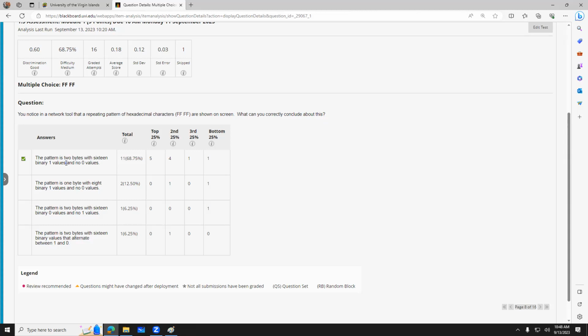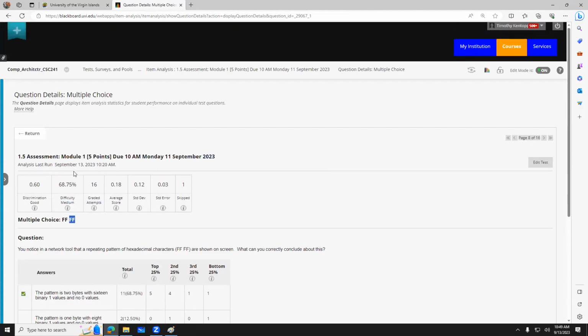The pattern is 2 bytes with 16 binary 1 values and no 0 values. The reason it's 2 bytes is because it takes 2 nibbles to make a byte. So if I have 2 nibbles here and 2 nibbles there, I have 2 bytes. I have 2 8-bit segments, 4 bits each, okay? And it's all ones. That is the answer. Any questions?